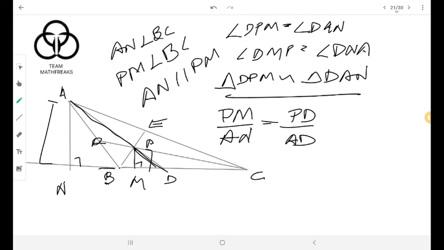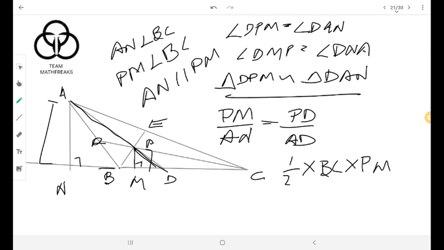Then you are having area of triangle PBC. Area of triangle PBC is half into BC into the height PM. Am I correct?